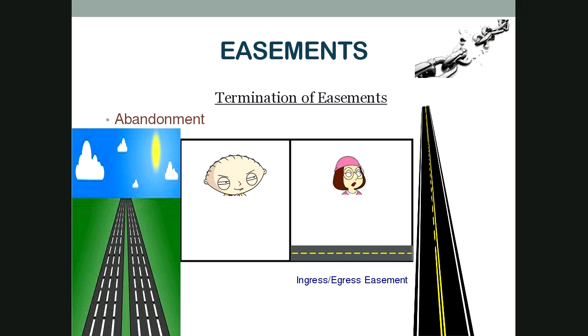I don't need to use your access to get out to that main road because I've got a super highway in front of me. And so over time, eventually, if he stops using it, then it'll terminate by abandonment. It's quite likely in this situation that Meg is going to come say, hey, Stewie, I need an easement from you so I can get to the super highway, right?